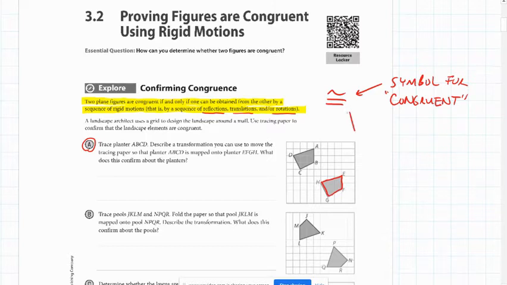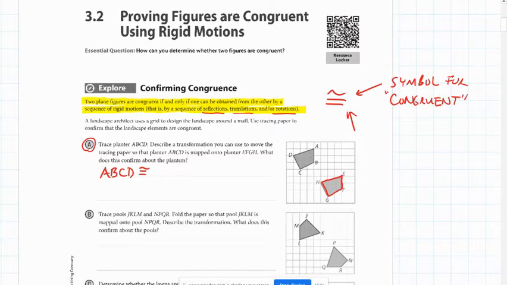The symbol for congruent is like an equal sign with a squiggly line on top. When we state that these two figures are congruent, we want to use that symbol, and make sure the letters match up with their corresponding pieces. So if I say figure ABCD is congruent to the next figure, I need to put the letters in the right order.